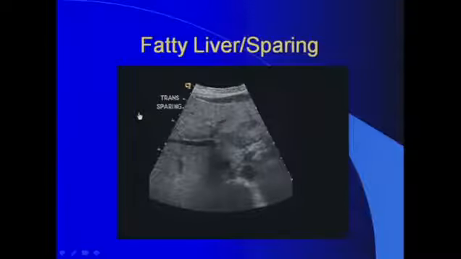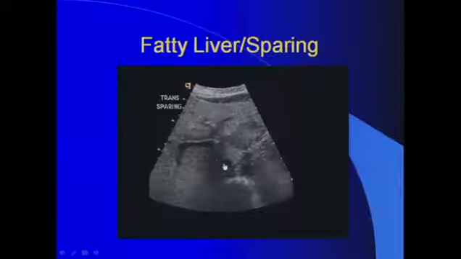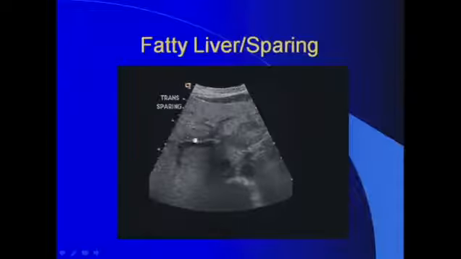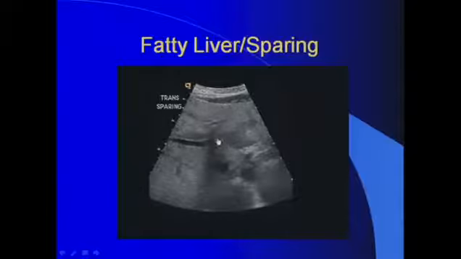So let's look at some examples of fatty liver sparing. You can see on this image that there's increased echogenicity of the liver at the level of the bifurcation of the portal vein. But in addition to that, you can see a stripe of hypoechoic area without much distortion to the vessels, which is most consistent with a fatty sparing area in a common location.